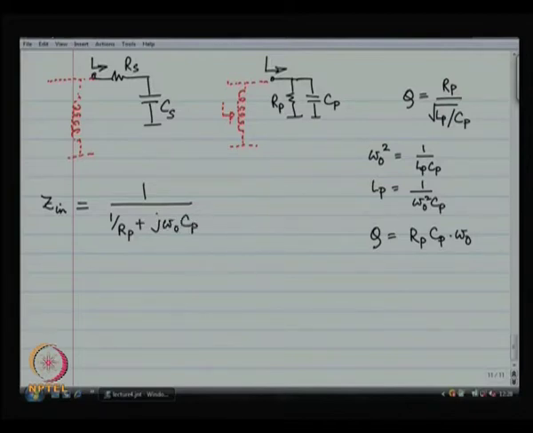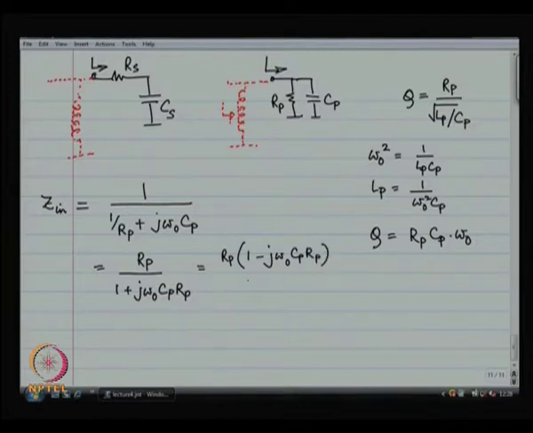This is at the frequency of interest omega naught, and this can be further simplified to Rp by 1 plus j omega naught Cp Rp. However, we need to convert this to real and imaginary. So, we have to multiply by the complex conjugate of the denominator. Okay.